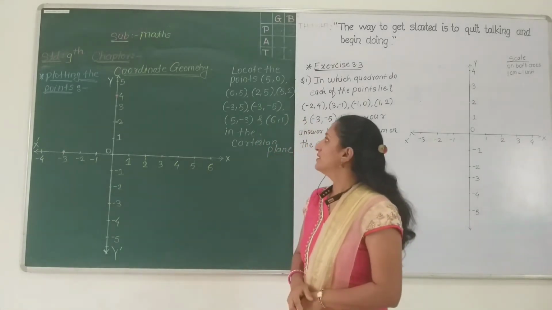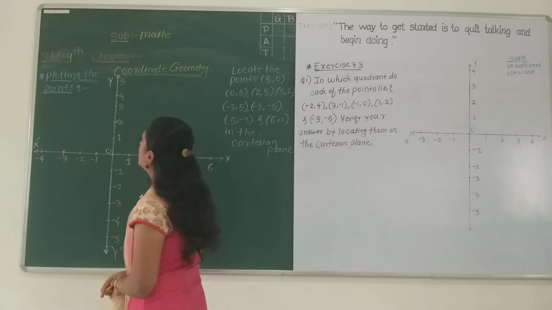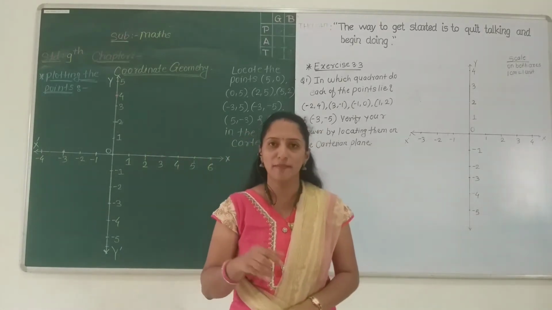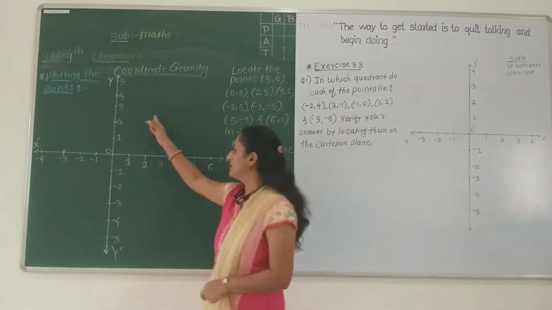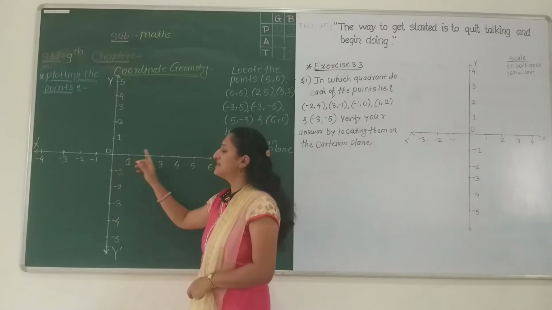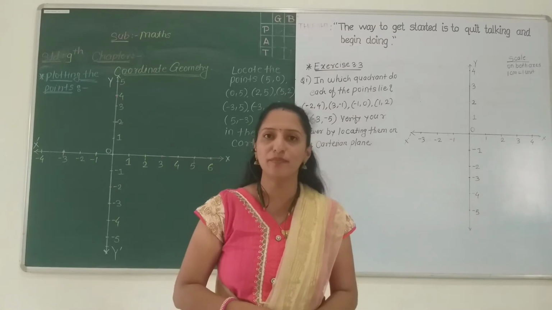Okay, now in today's session we are going to learn plotting the points. That means we are going to plot the points in a plane. For that we draw a plane taking 1 centimeter equal to 1 unit scale on both the axes.